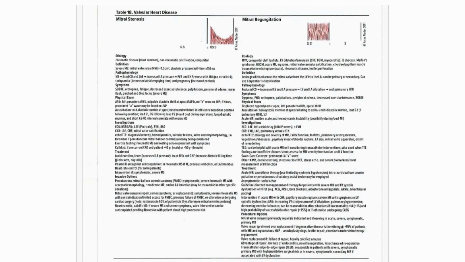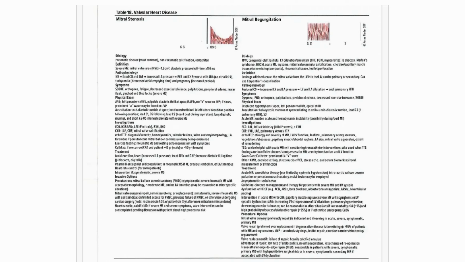Physical examination. The physical examination section highlights several important findings. Patients may have atrial fibrillation, a left parasternal lift, and a palpable diastolic thrill. The hallmark auscultatory findings are a loud first heart sound, an opening snap after the second heart sound, and a low-pitched mid-diastolic rumbling murmur, heard best at the apex using the bell with the patient in the left lateral decubitus position.